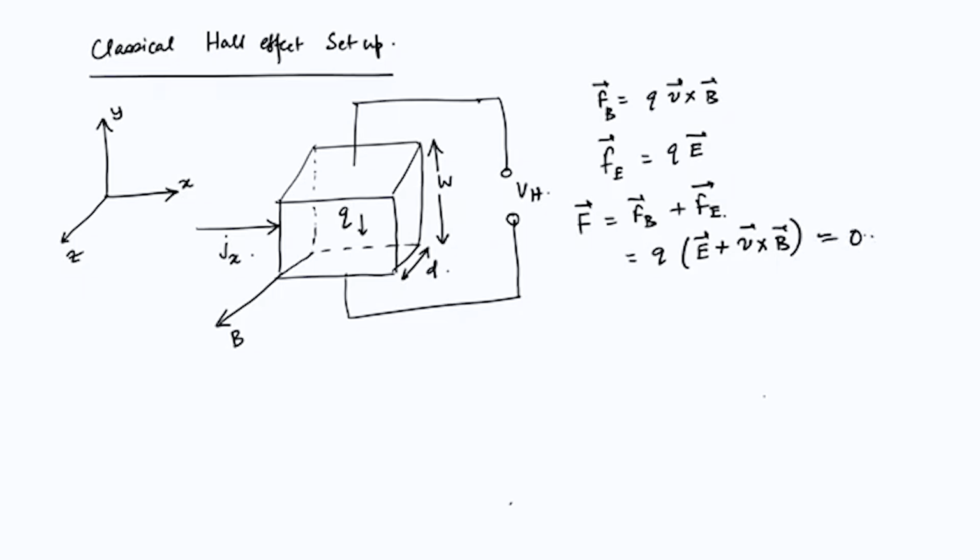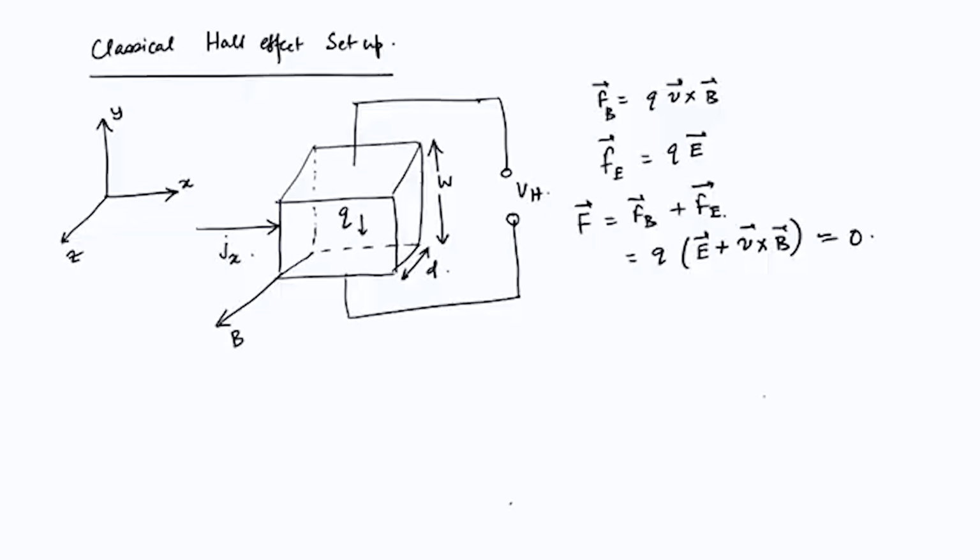Understand that the charges cannot move due to these two fields indefinitely. All the charges present in the system will eventually settle at the top plane or the bottom plane once the apparatus is switched on for quite some time, when the equilibrium will be established. V denotes of course the drift velocity of the carriers.